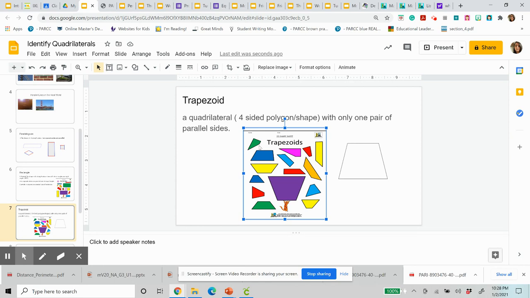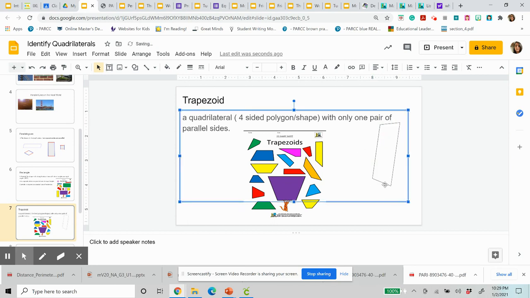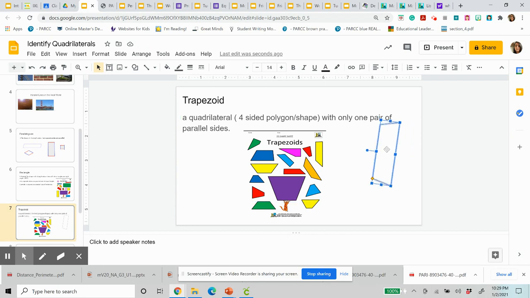They will touch. They'll make that triangle. So this is parallel, this is not, so it has one set of parallel lines. It should look like that. They can turn it, but again, this is parallel to that. These are not.